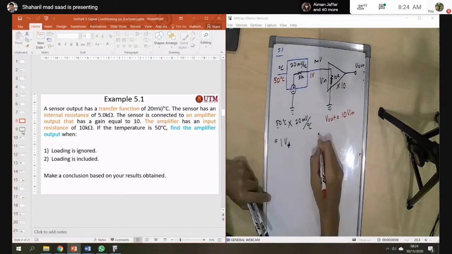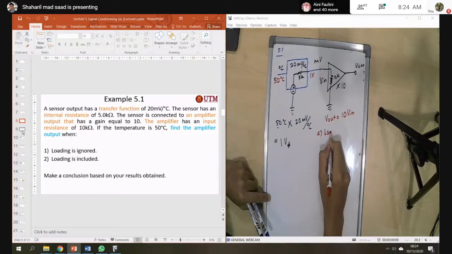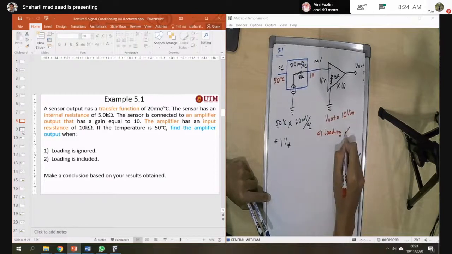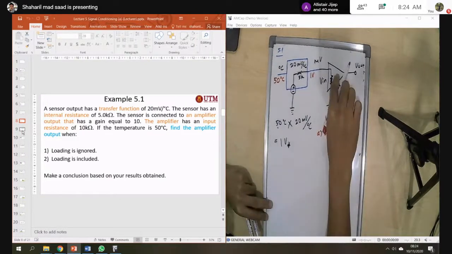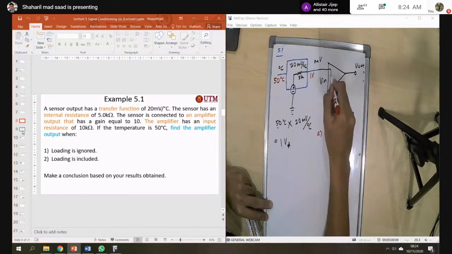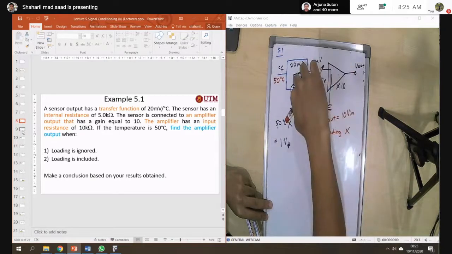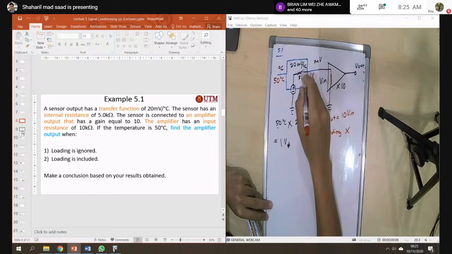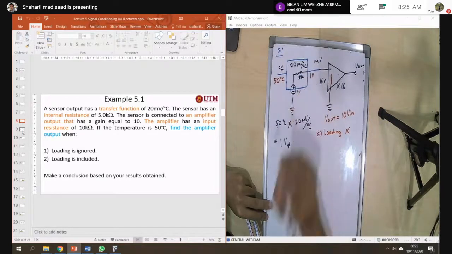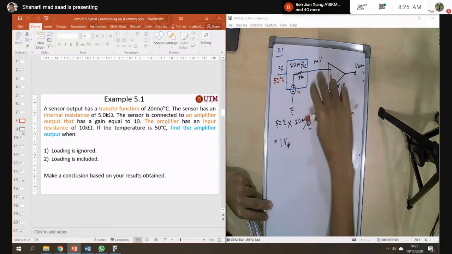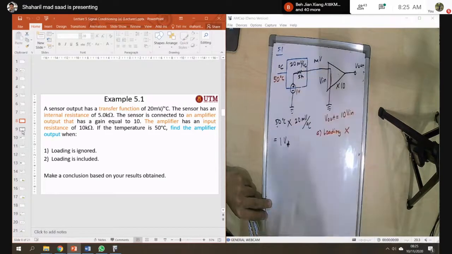Loading ignored means you don't have the loading here, so you short the circuit. So V in here is equal to Vx here. Vx is equal to 1 volt. So V in here equals 1 volt.